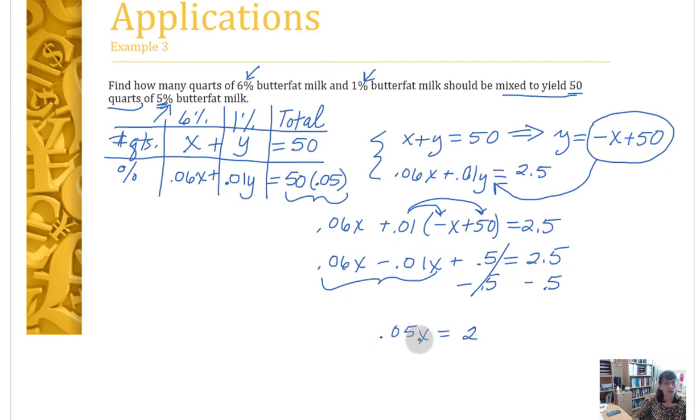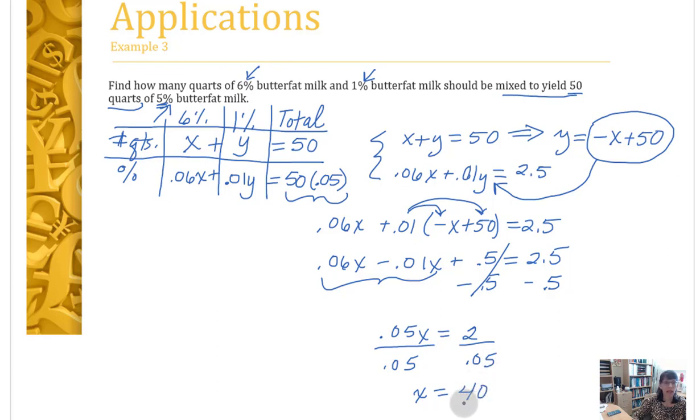Notice that 0.05 is connected to x with multiplication, so we'll have to divide both sides of the equation by 0.05. That leaves x equals 2 divided by 0.05, which is 40.